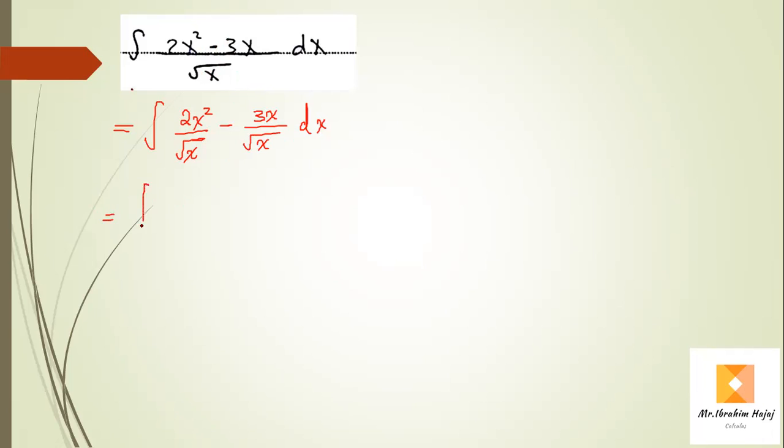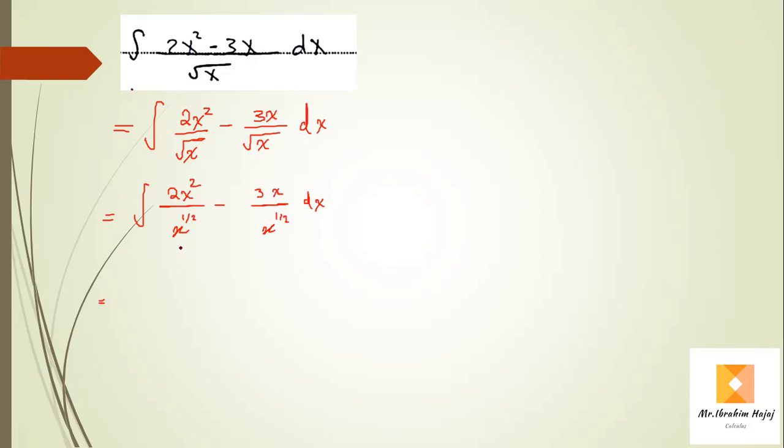Now the integral of 2x squared over root x, and the square root of x can be written as x to the power of 1 over 2, minus 3x over x to the power of half, dx.